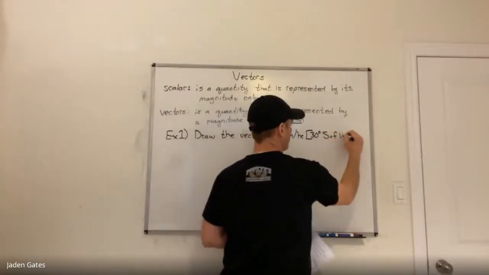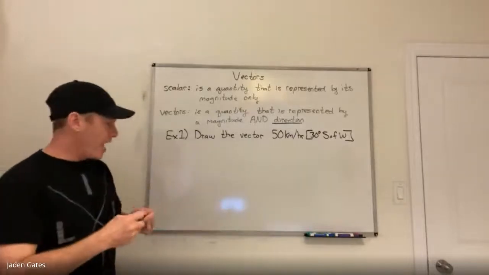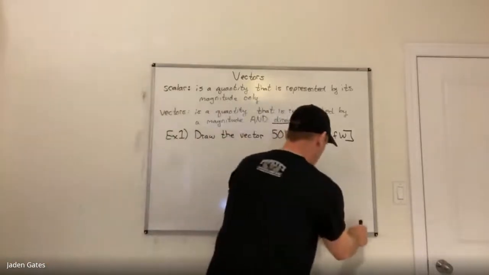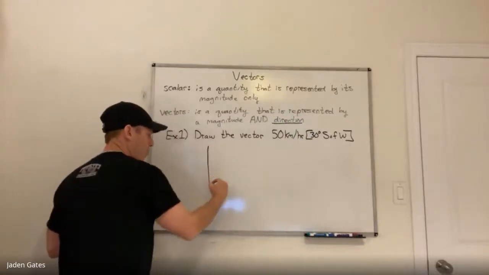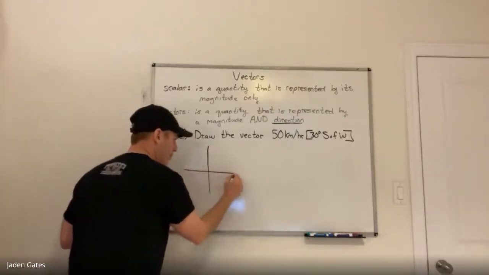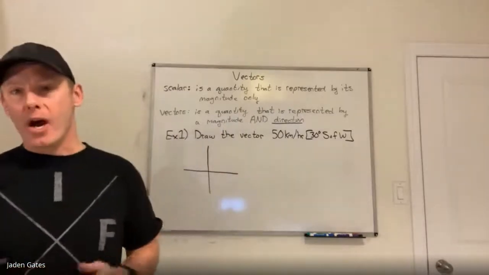All right, so I want to draw that vector on a diagram. And so here's what I'm going to need first, what's called a compass rose. All right, so that's getting all our directions on there in terms of north, west, south, east.